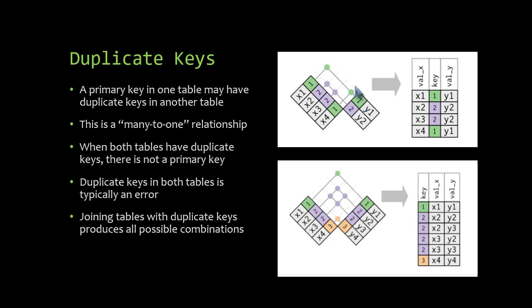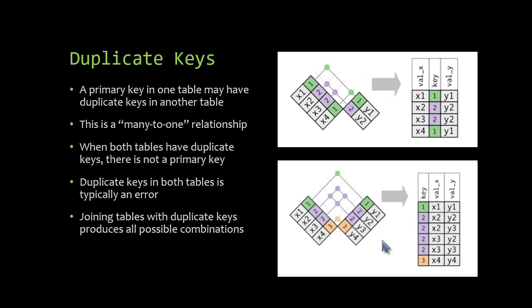So when we look at y1, that matches up with x1, but then we get another row in which y1 matches up with x4. With 2, we have y2 matched up with x2 and another row matched up with x3.